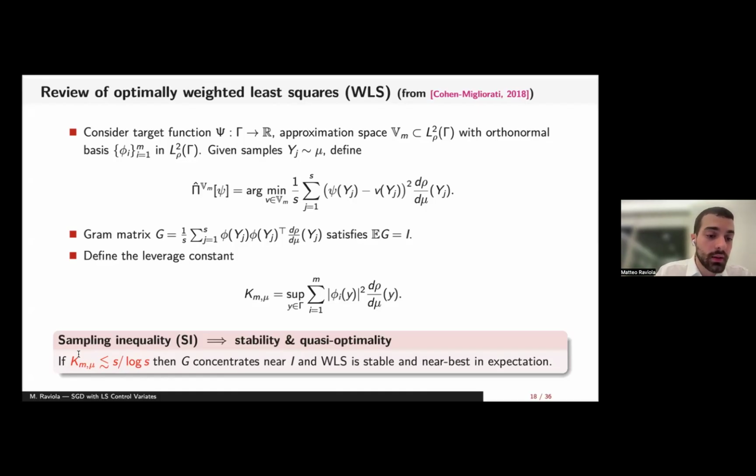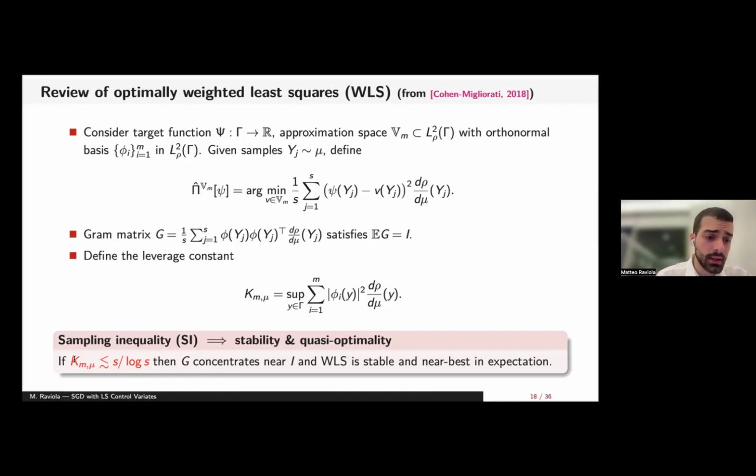So now the second key observation is that this K depends on the space, which for now we think of as fixed, but we have some other parameter that we can play with, which is the sampling measure. And this also motivates why earlier I introduced our algorithm in the setting where we would like to change the sampling measure compared to the base measure.